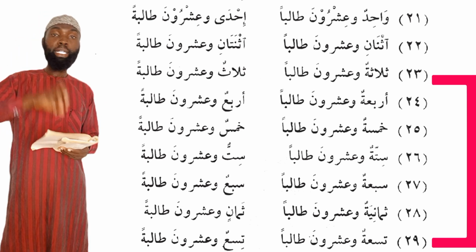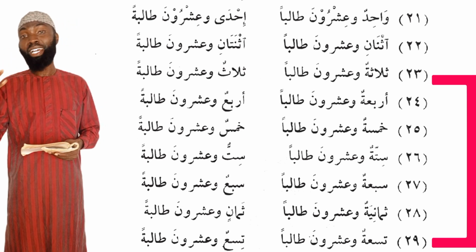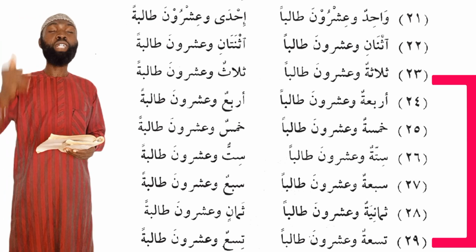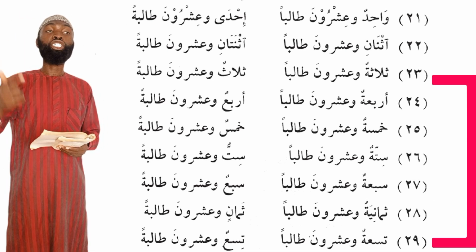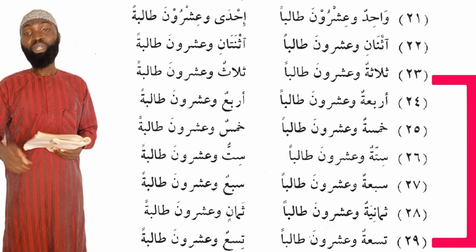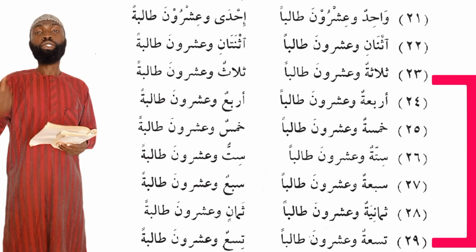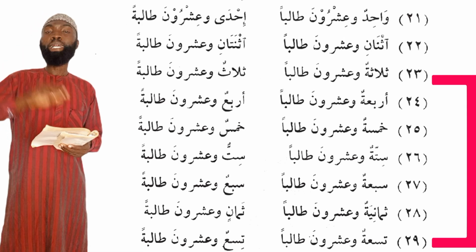Sab'atun wa ishuruna taliban. Sab'un wa ishuruna talibatan. Then we have thamaniyatun wa ishuruna taliban. Thamanin wa ishuruna talibatan. Then for 29 male students, tis'atun wa ishuruna taliban. Then 29 female students, tis'un wa ishuruna talibatan.